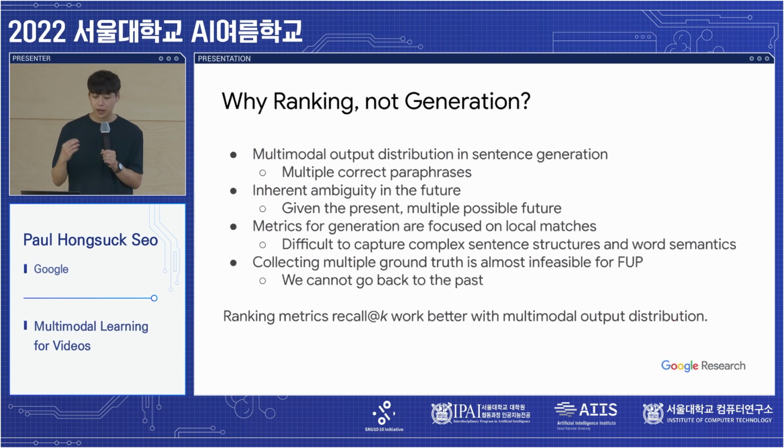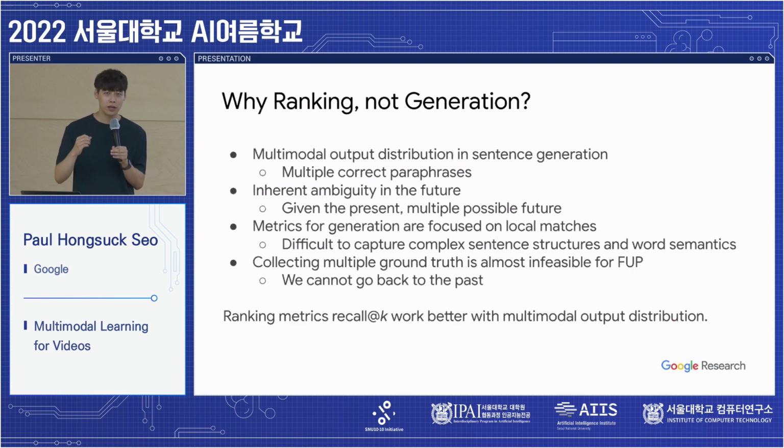To deal with this, previous generation tasks collected multiple ground truth sentences, so that they could handle the multimodality in the output distribution. But this is very hard to collect, because we are using a single video clip to collect this dataset.